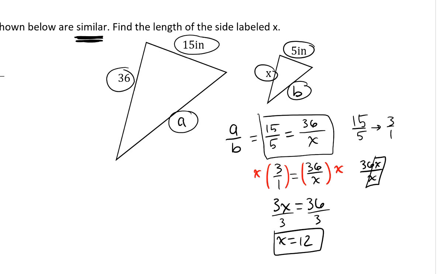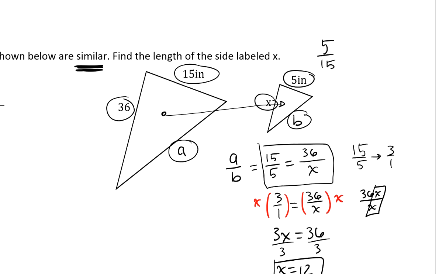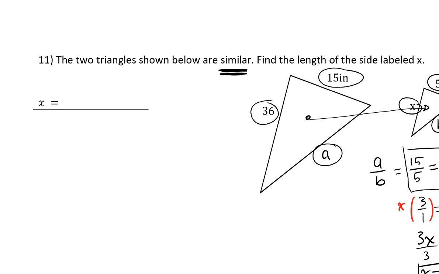If I wanted the scale factor from the large one to the smaller one, I would actually take the 5 and divide it by 15. 5 divided by 15 is 1/3. So the scale factor here is as I move from the larger triangle to the smaller one, I'm multiplying all the dimensions by 1/3. So for number 11, the answer is X is 12.